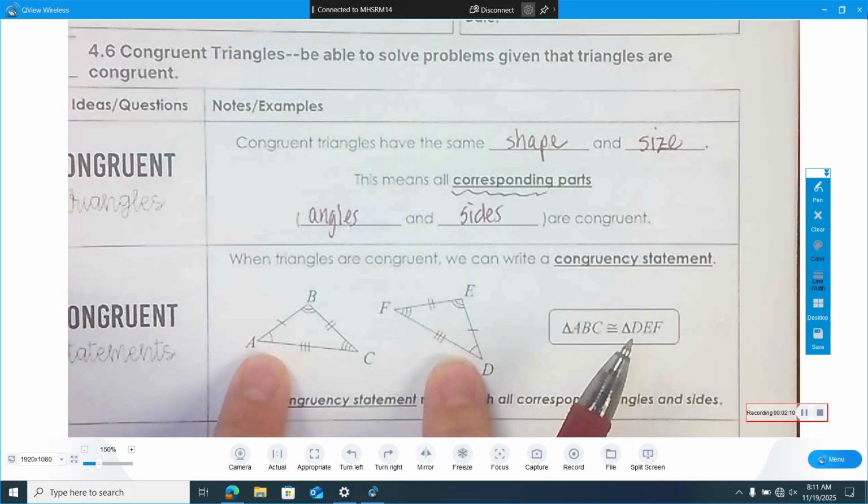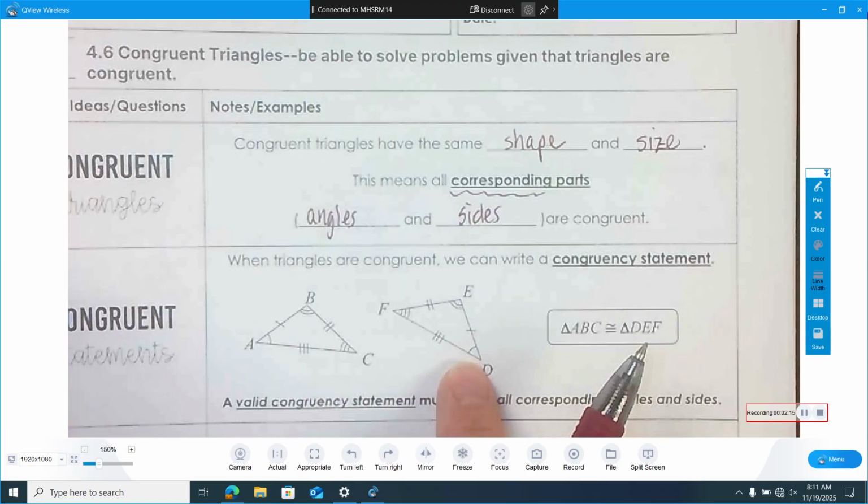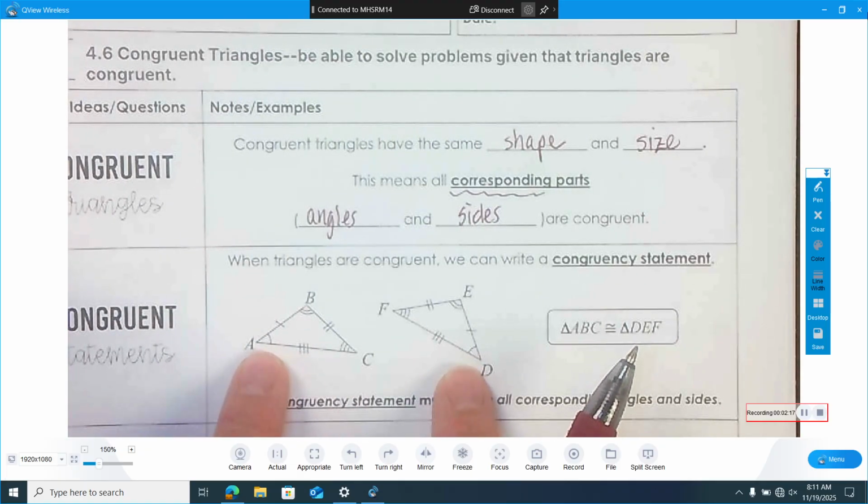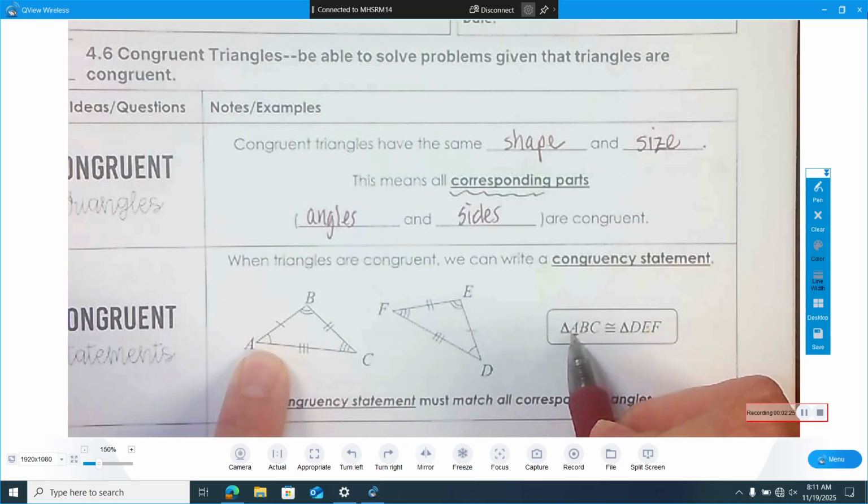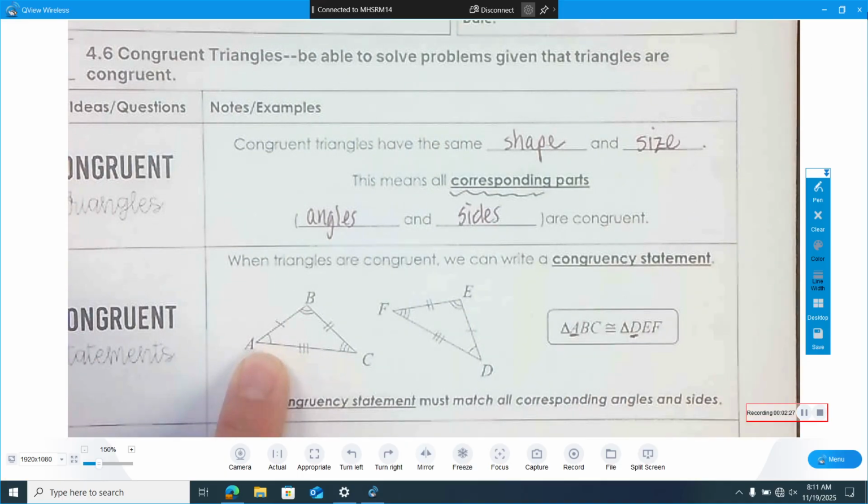So what we're seeing here are the markings that are super important, okay? When we have a single arc mark at angle A, it's going to match up with the single arc mark at angle D. And you can see those letters both came first.